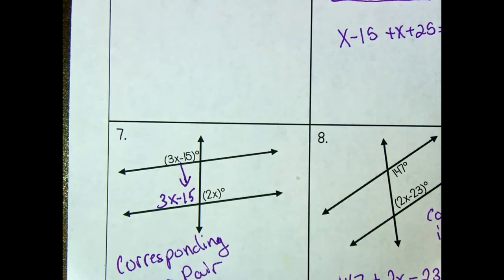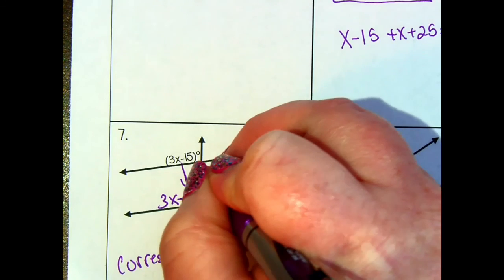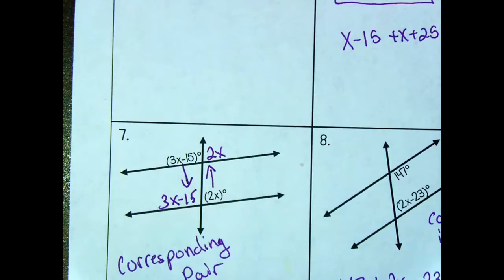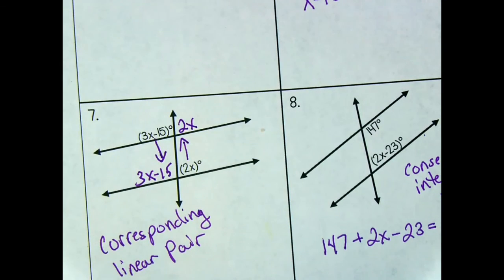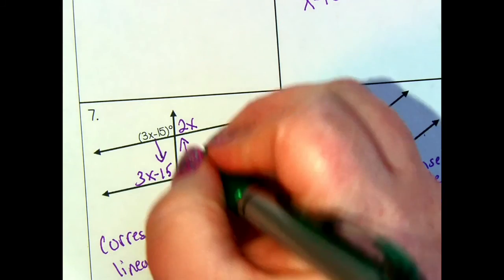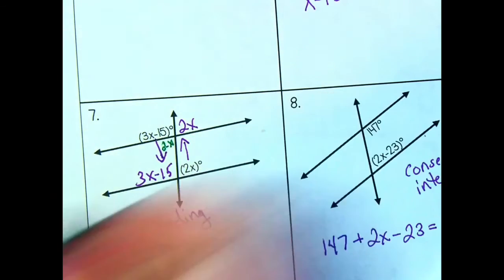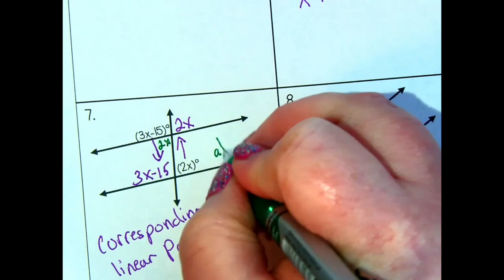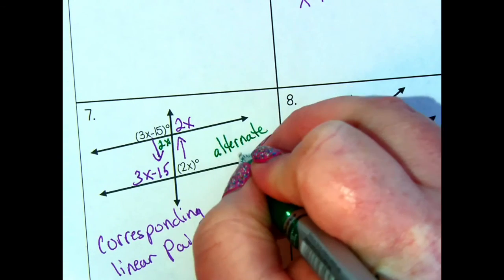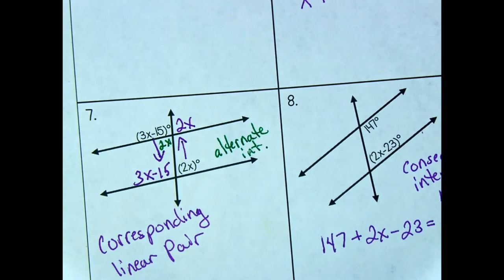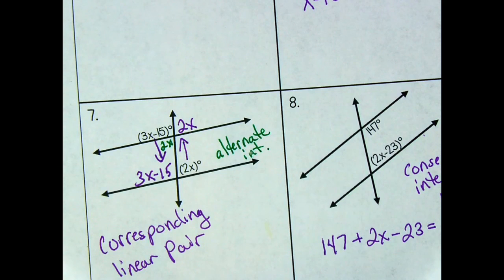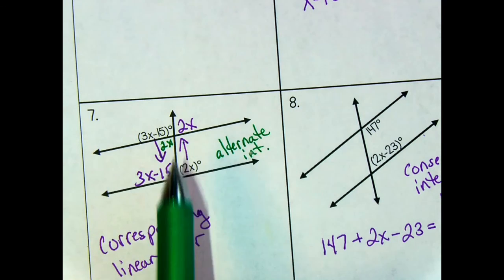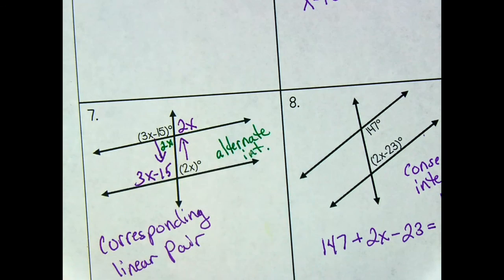Or I could move this 2x up and I could use a linear pair at that point. I could also, if you really wanted to, move the 2x to here using alternate interior angles. I could move the 3x minus 15 to this location using vertical angles. Either way, I'm going to be adding the 3x minus 15 and the 2x and setting it equal to 180.